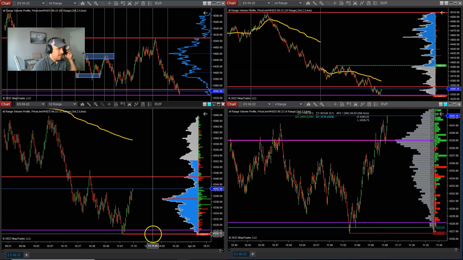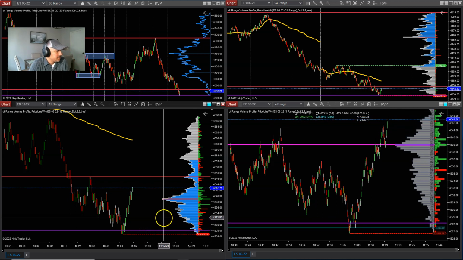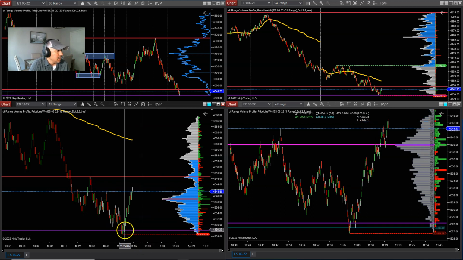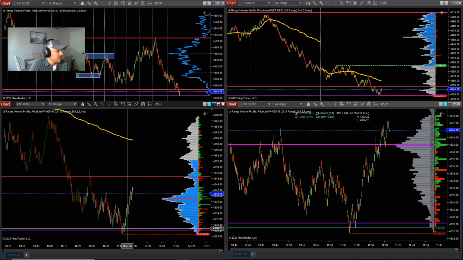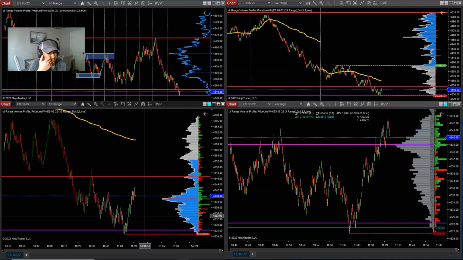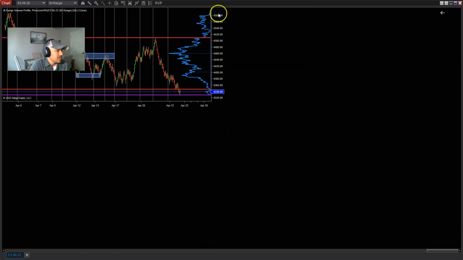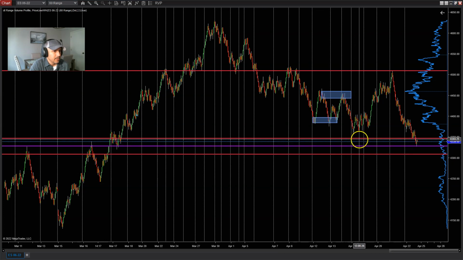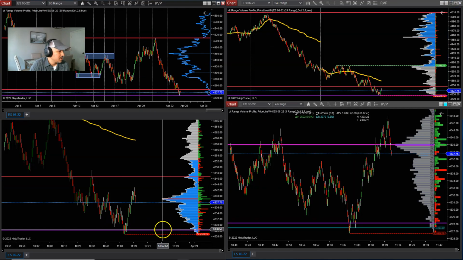Market's breaking higher and higher. Yeah, bounce off that area of support that I showed you on the 60 range, and it's pushing higher so far. Let's see if it's going to continue that route, or if we're just going to stall out and then start pushing lower.